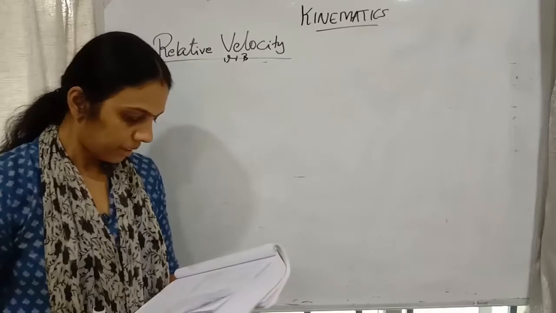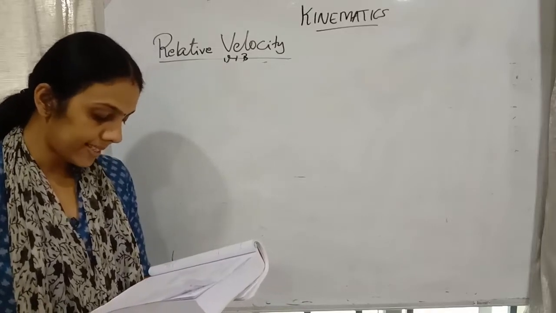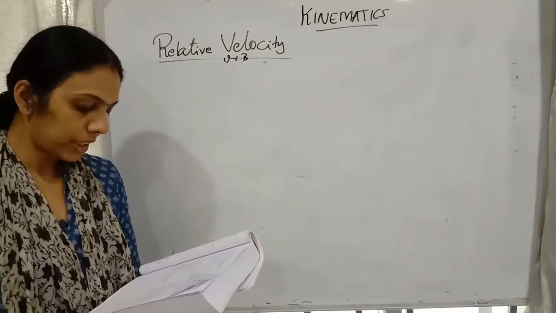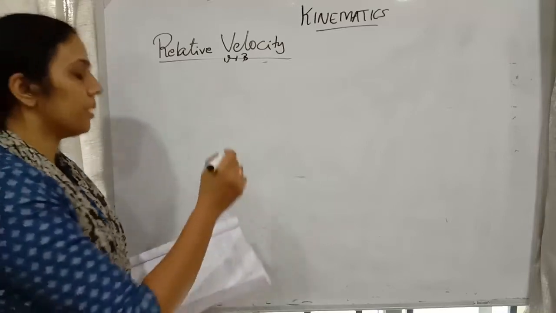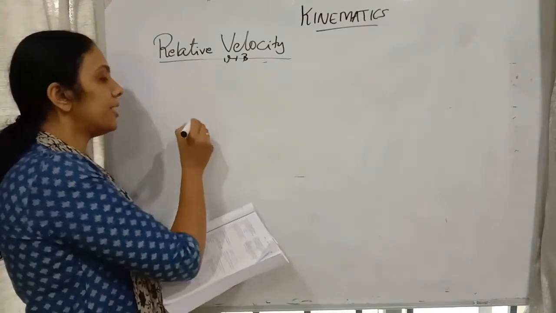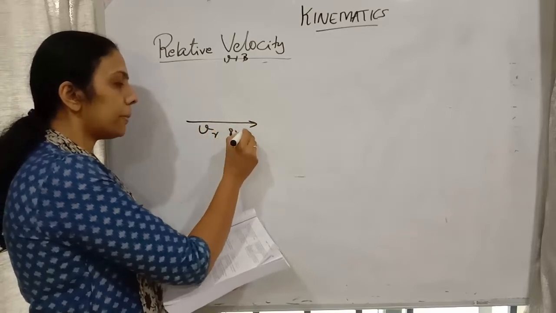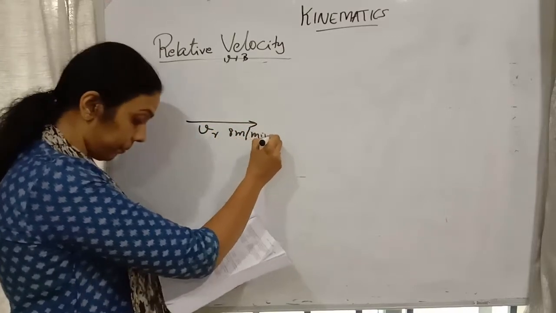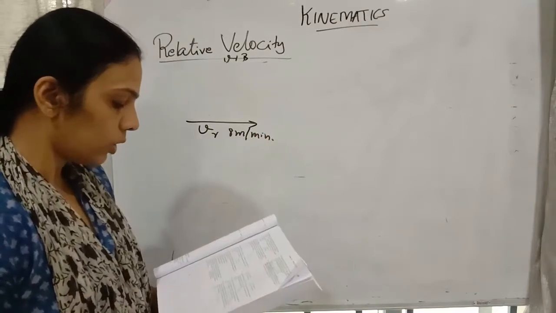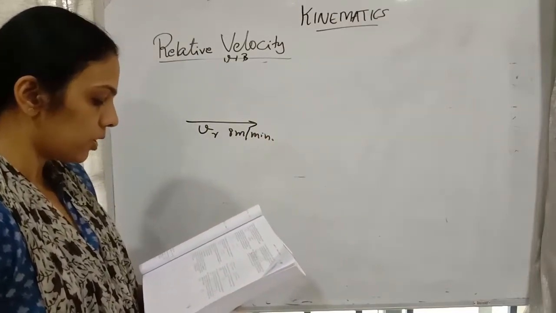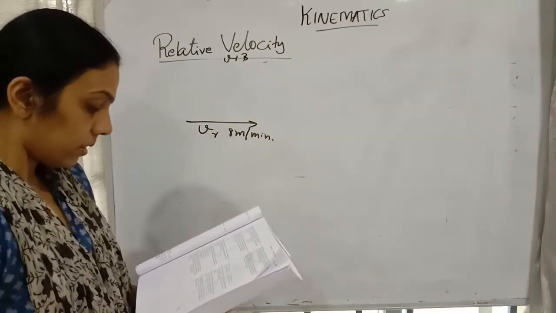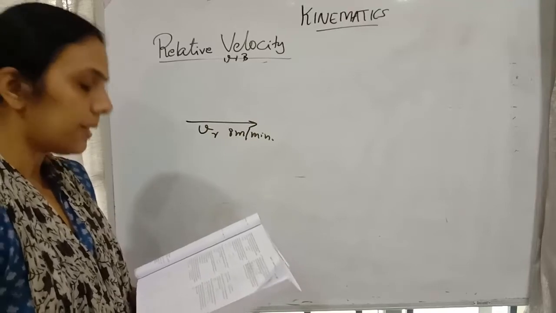Next question. A river is flowing from west to east at a speed of 8 meter per minute. A man on the south bank of the river is capable of swimming 20 meter per minute in still water.